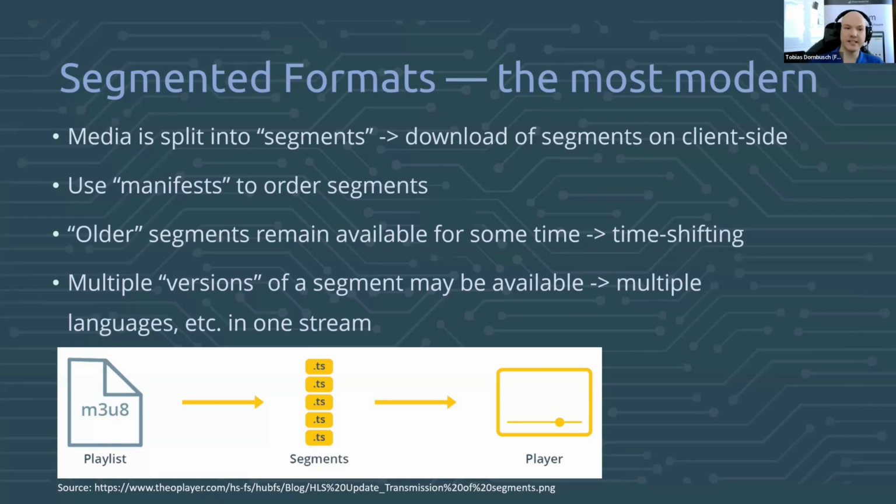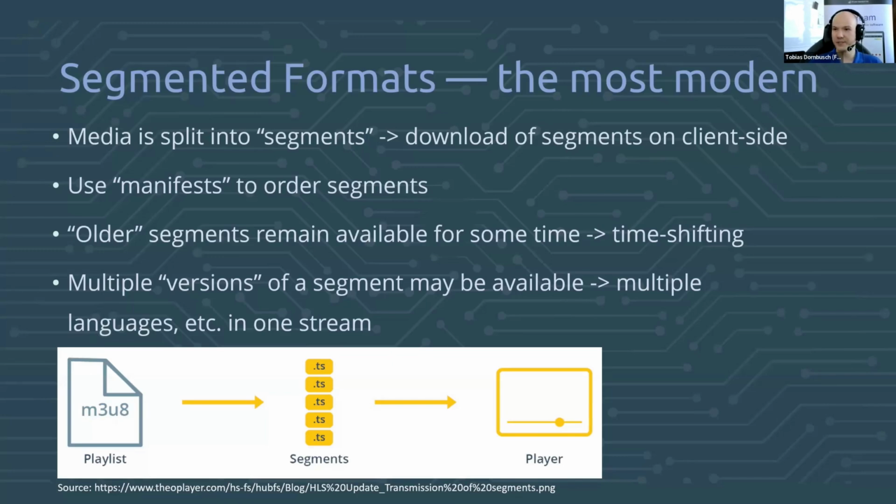This segmentation does have one very, very important advantage, and that is that since they're actually just tiny files that are downloaded one after another, those files need to be available for some time.